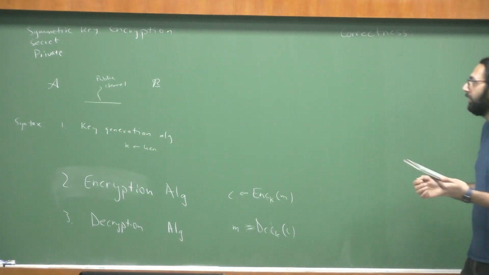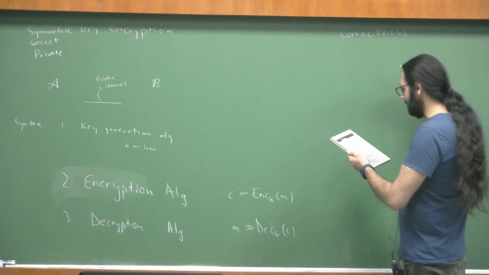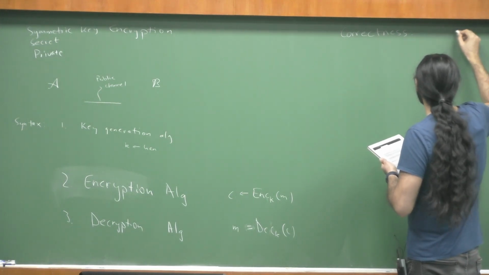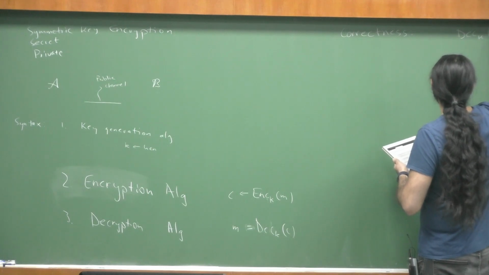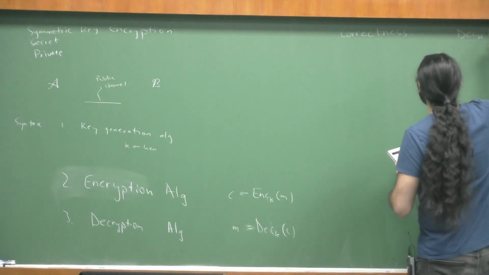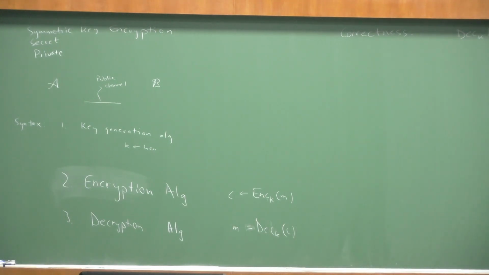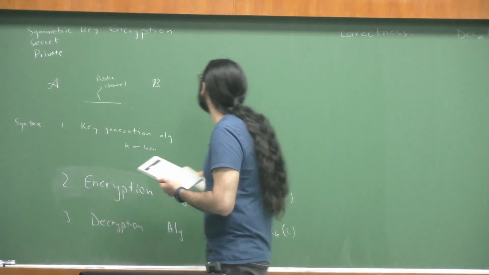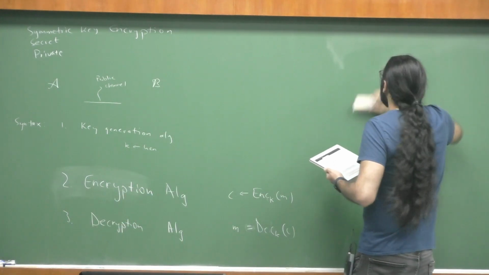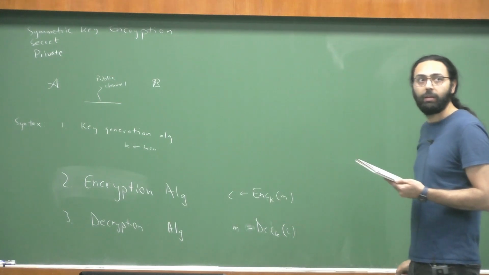And then there's correctness. So the correctness condition is what? Can you actually read, or is it too high? There's a shadow. It will be better if you write it down for your own recording.